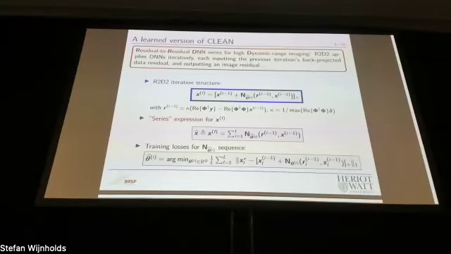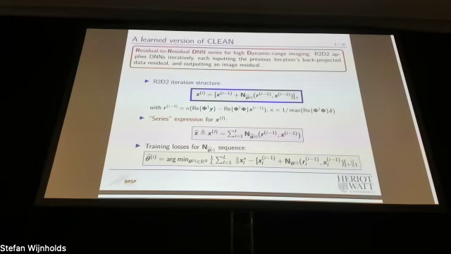And the residual, similar to the dirty image, is computed by the back projection of the data, which is the dirty image, deducting the back projection of the current image estimate.